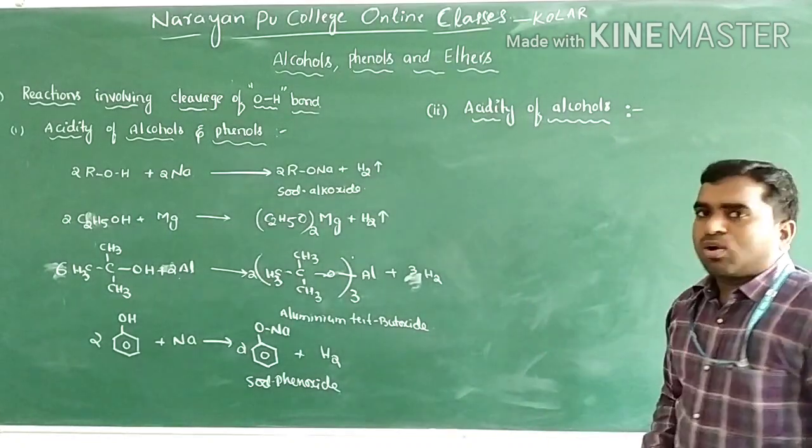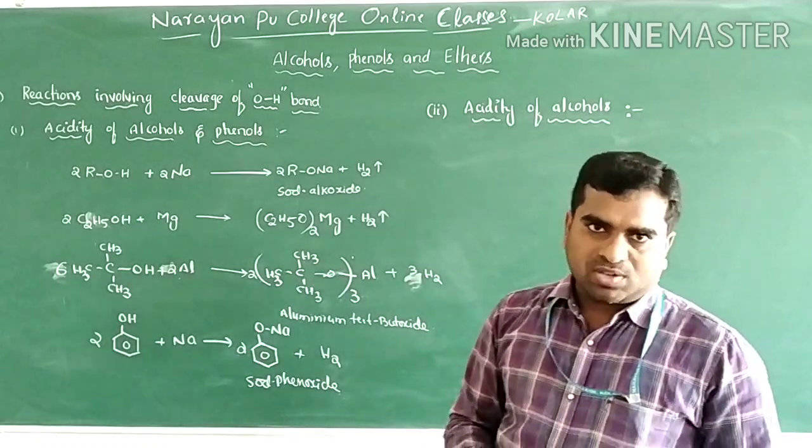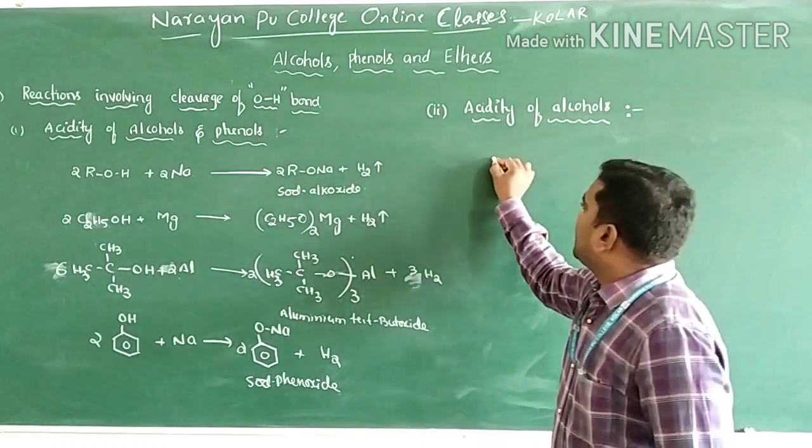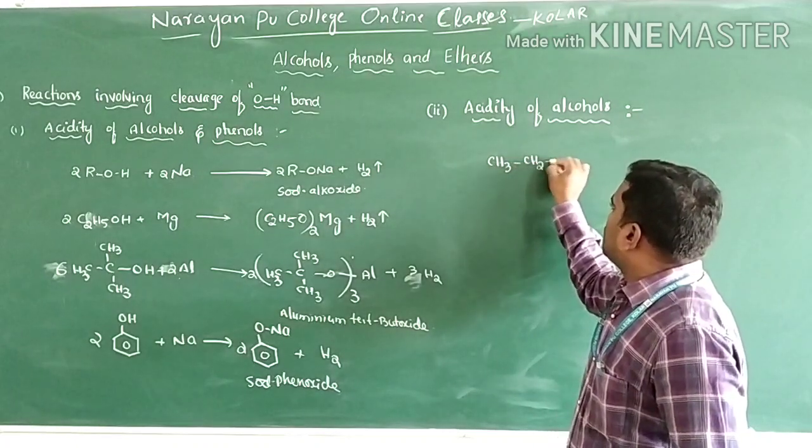Now, for acidity of alcohols, I will first take primary, secondary and tertiary alcohols. Primary alcohol: CH3CH2OH.